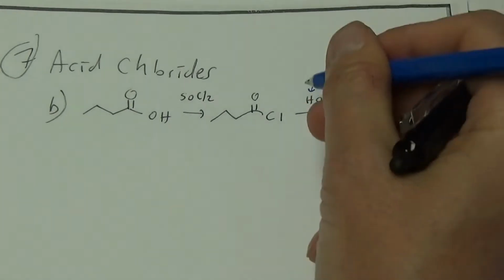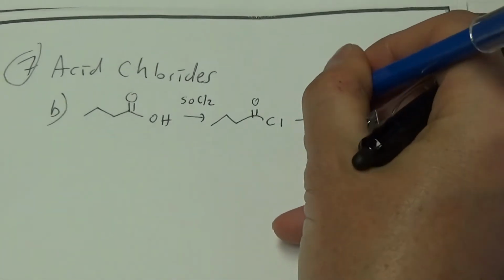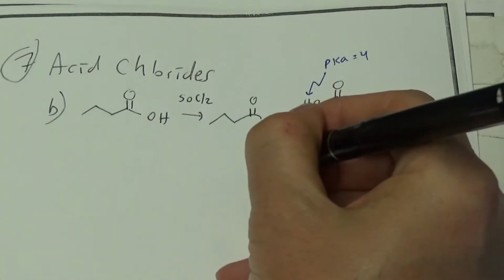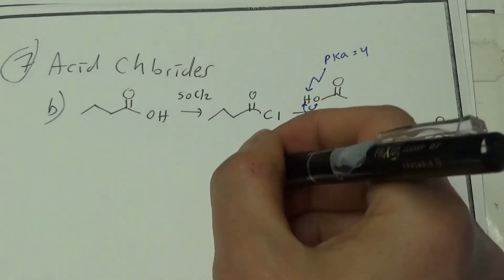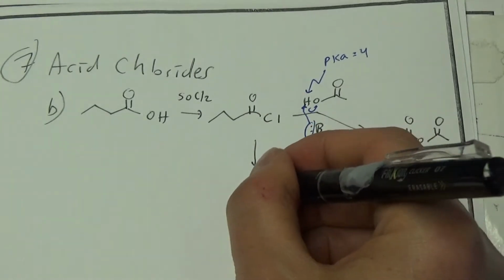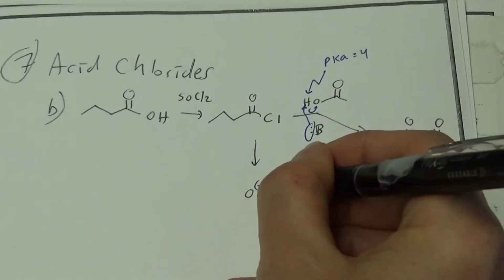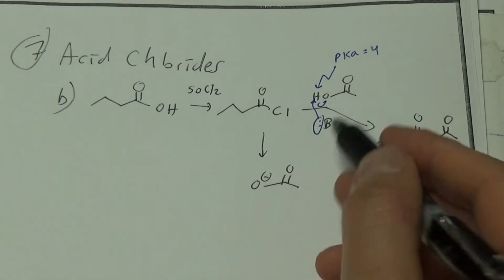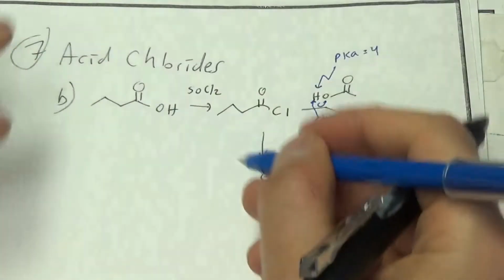So this mechanism is super easy. The base takes the proton first on this highly acidic functional group, and you make O minus. That's called a carboxylate. It's a carboxylic acid, carboxylate.